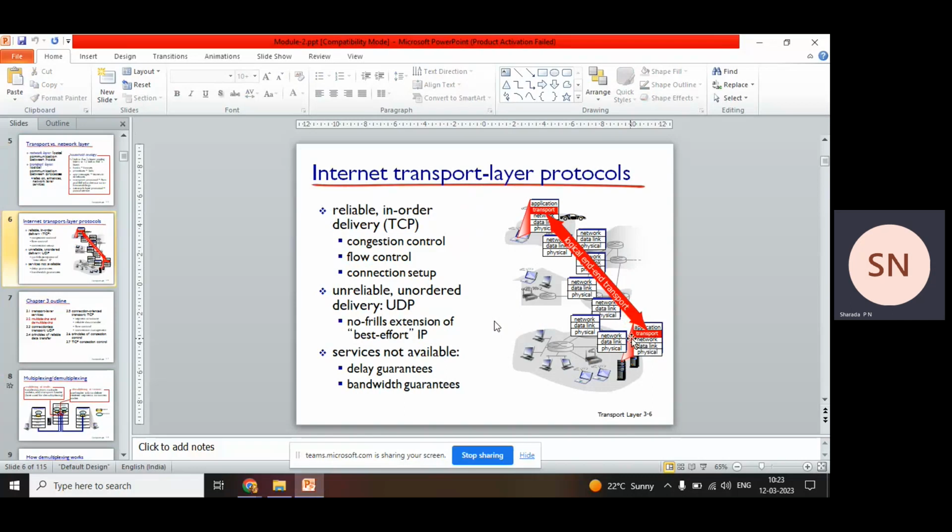As I mentioned, it supports two types of protocol. One is UDP, the User Datagram Protocol, which provides an unreliable connectionless service to the invoking application. The other is TCP, the Transmission Control Protocol, which provides a reliable connection-oriented service to the invoking applications.